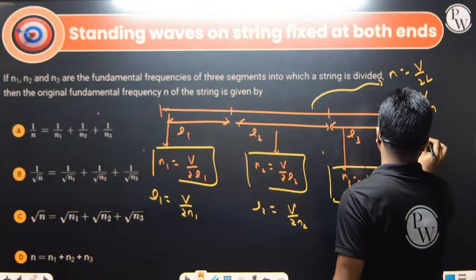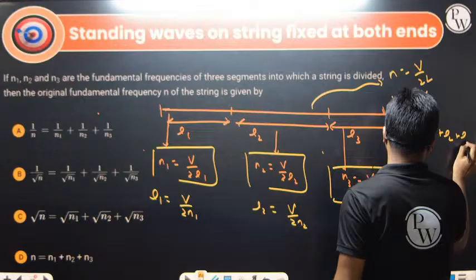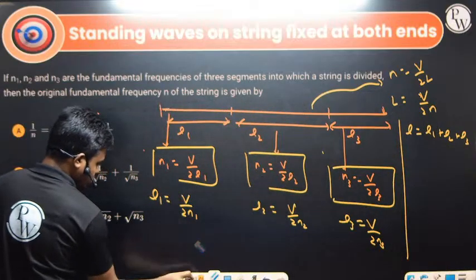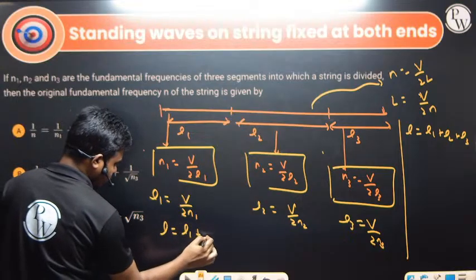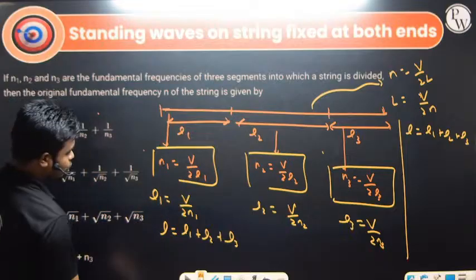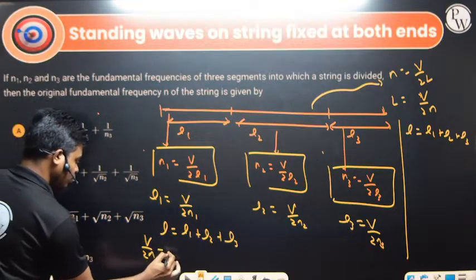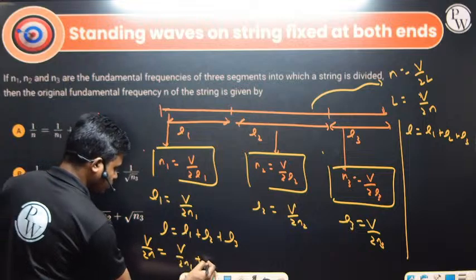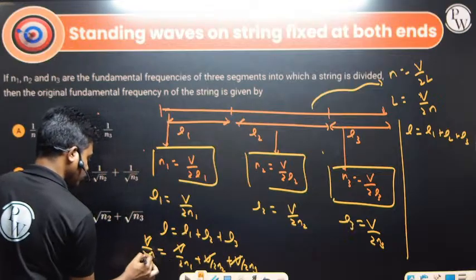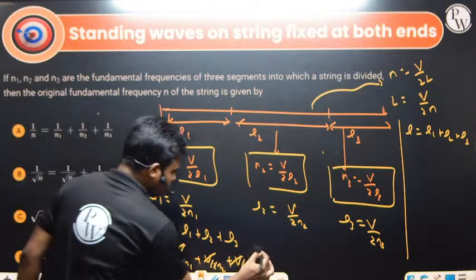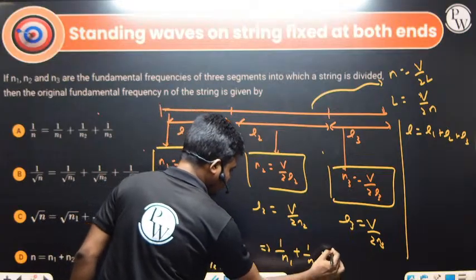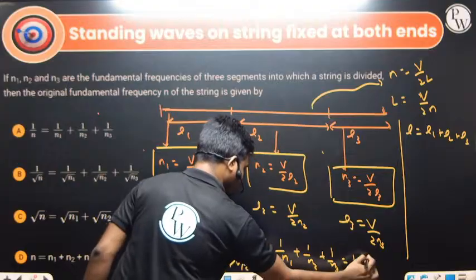So putting this value, V by 2N is equal to V by 2N1 plus V by 2N2 plus V by 2N3. V and 2 cancel everywhere. What we got finally is 1 by N1 plus 1 by N2 plus 1 by N3 is equal to 1 by N.